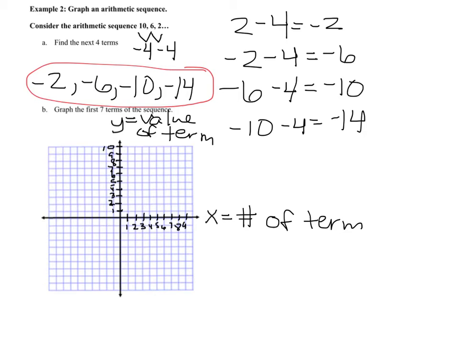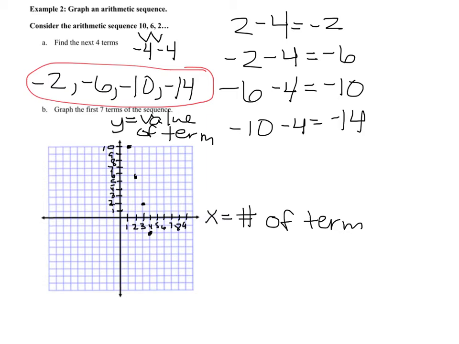Our first term, so where x is 1, the value is 10. So our first point will be all the way up here. Our second term, so where x is 2, is going to be 6. So we'll have our point here. Our third term is 2. Our fourth term is negative 2.